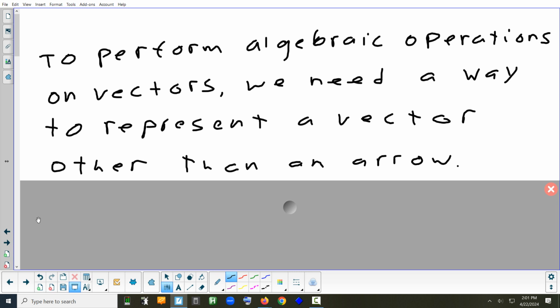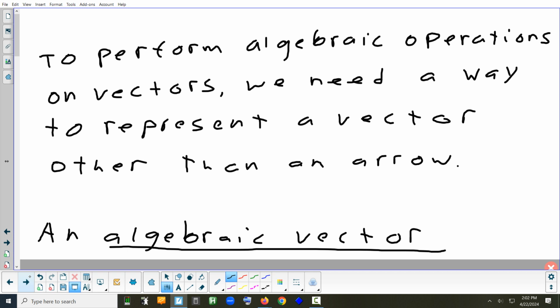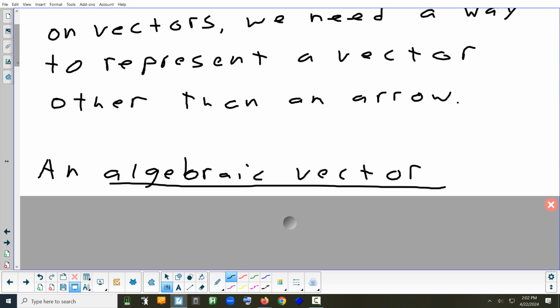So I'm going to show you 2 other ways that you can add vectors together without drawing arrows. And the first way I'm going to show you is what our book calls an algebraic vector. And it's not very complicated. An algebraic vector would look something like this.